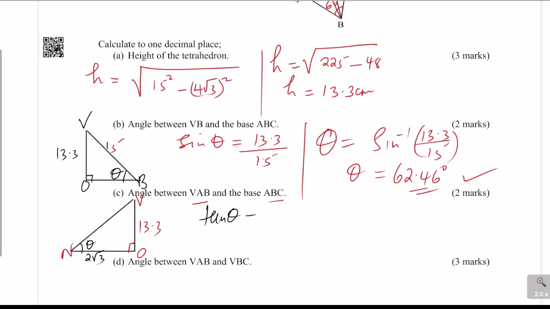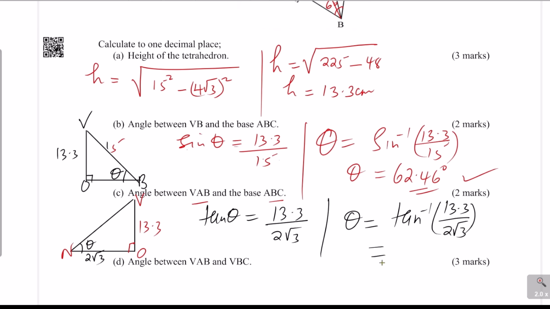So tangent of theta is equal to opposite side over the adjacent side. So theta will be given by the tan inverse of 13.3 divided by 2 root 3. And when you work it out, this will give 75.4 degrees. So that is how you get the angle between two planes.